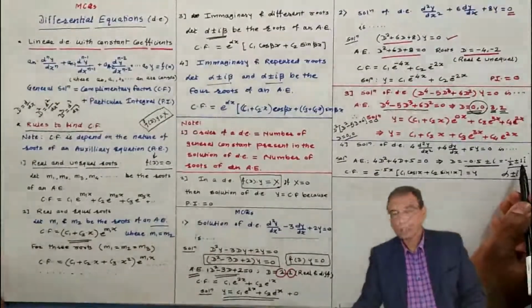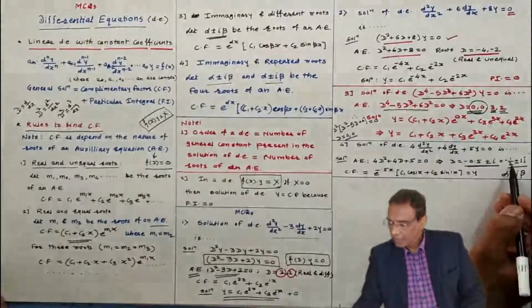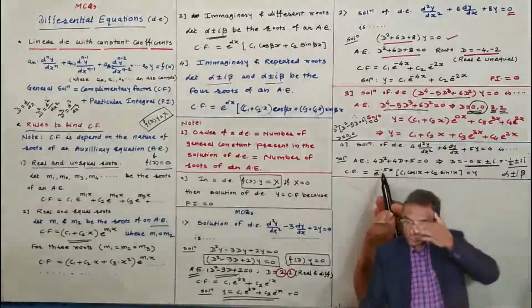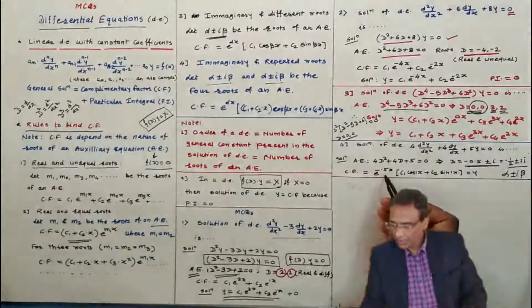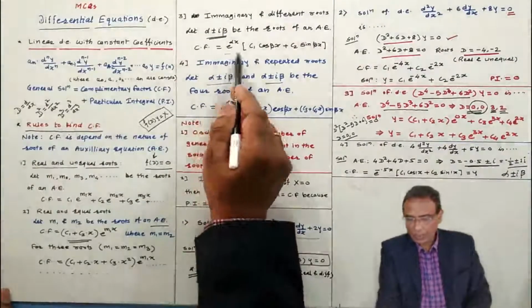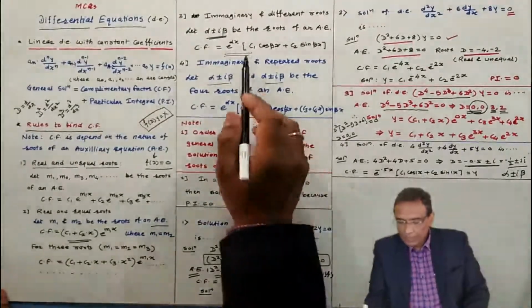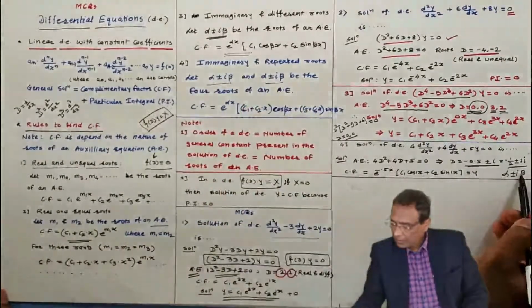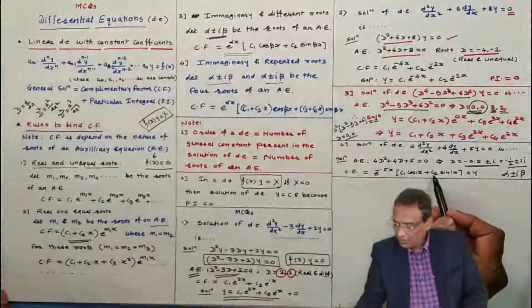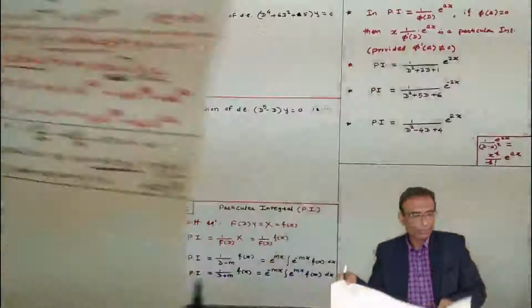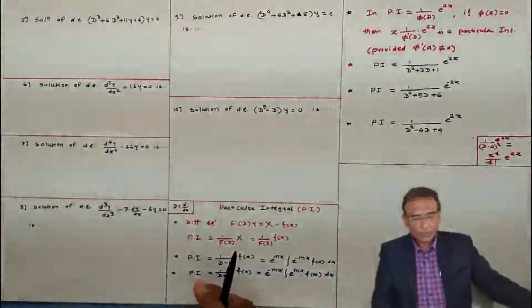Alpha plus minus i beta, these are imaginary and different roots. See, what is the complementary function? E to the power minus 1 by 2, minus 1 by 2 means minus 0.5x. In the bracket, C1 cos of beta x, beta is 1, C1 cos of 1x plus C2 sin of 1x.